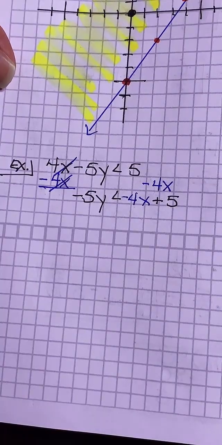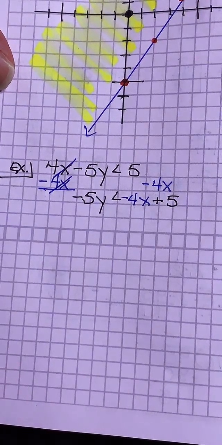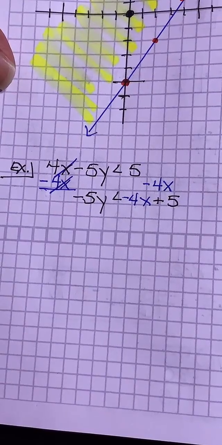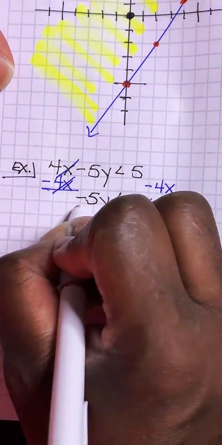Okay. All right. So then we got our dividing by that negative 5.